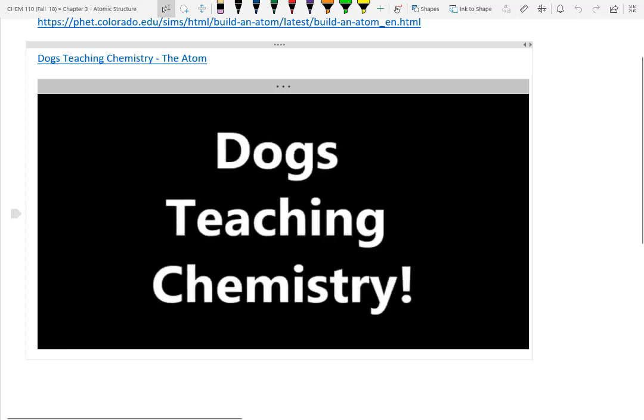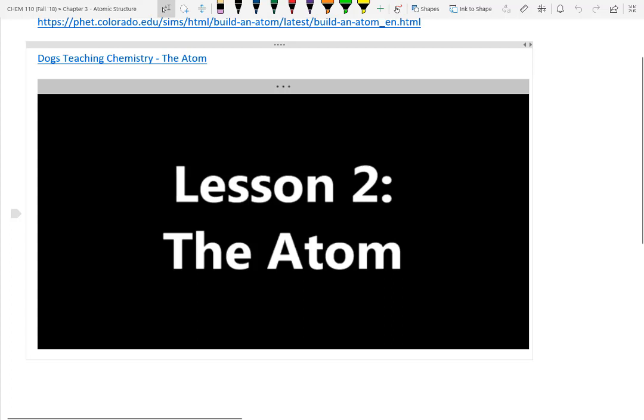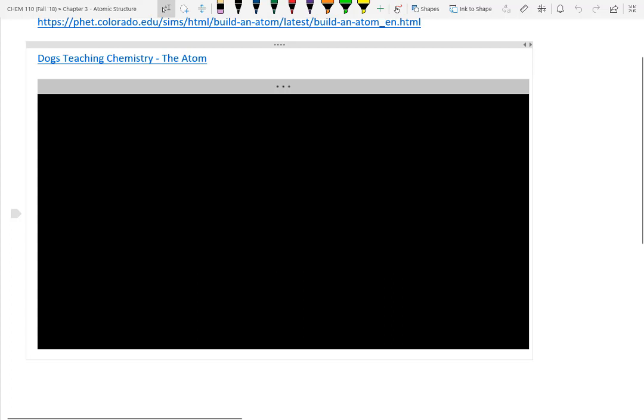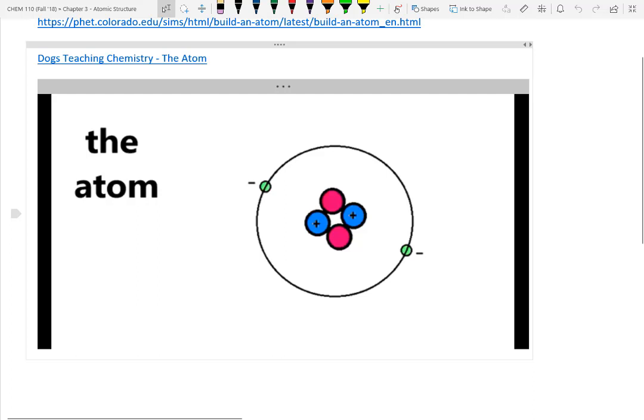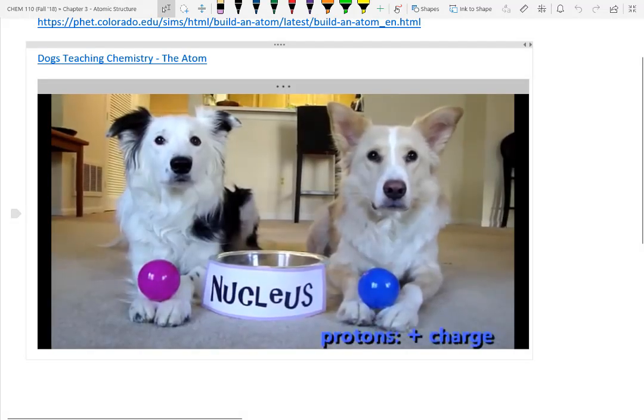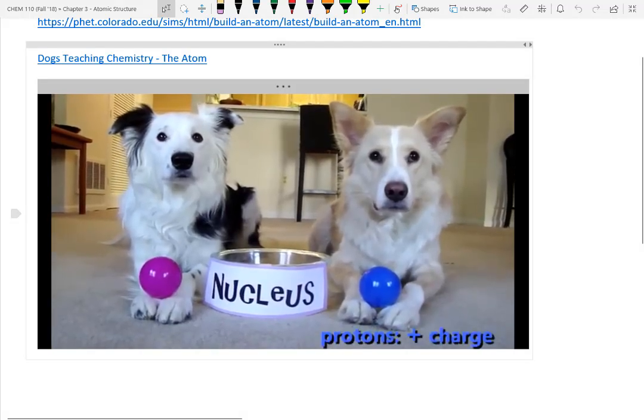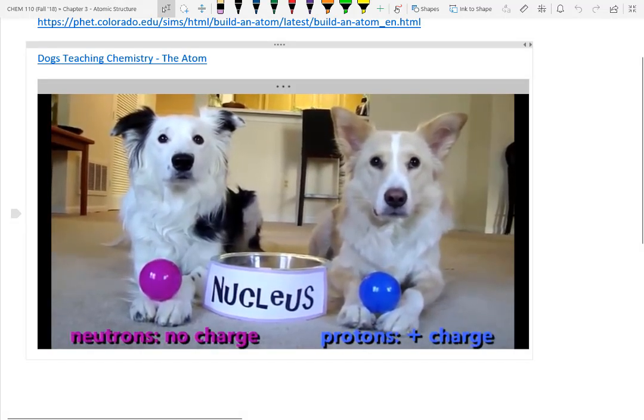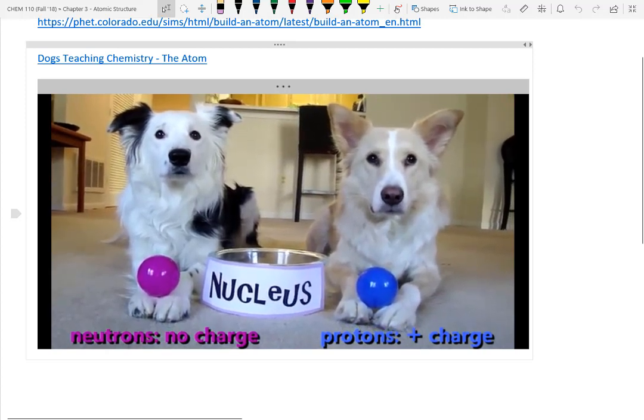Welcome to Dogs Teaching Chemistry. Our second lesson is on the atom. All substances are made up of matter, and the fundamental unit of matter is the atom. Atoms are made of 3 smaller things: protons, neutrons, and electrons. Paige and Dexter are going to help build an atom. Protons are positively charged particles. Neutrons have no charge and are neutral.